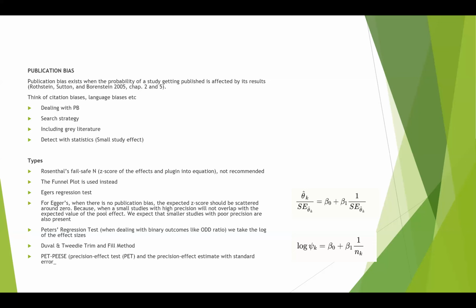So the Rosenthal fail-safe N test was available. It's still not recommended. I wouldn't even want to talk about it when the other ones are available. Completely disregard it, because it's not reliable at all.